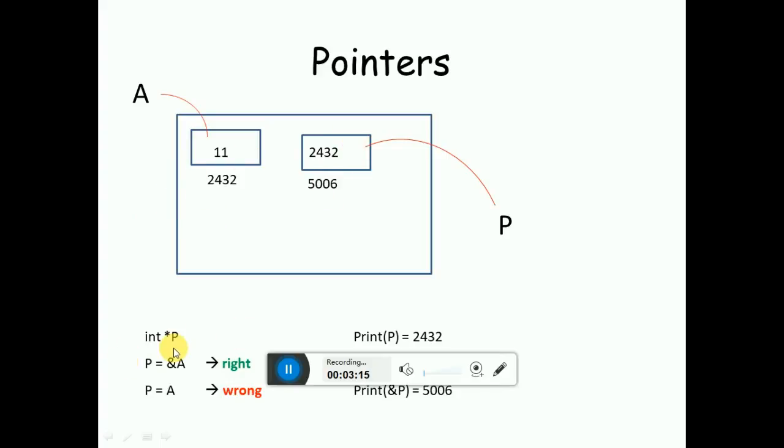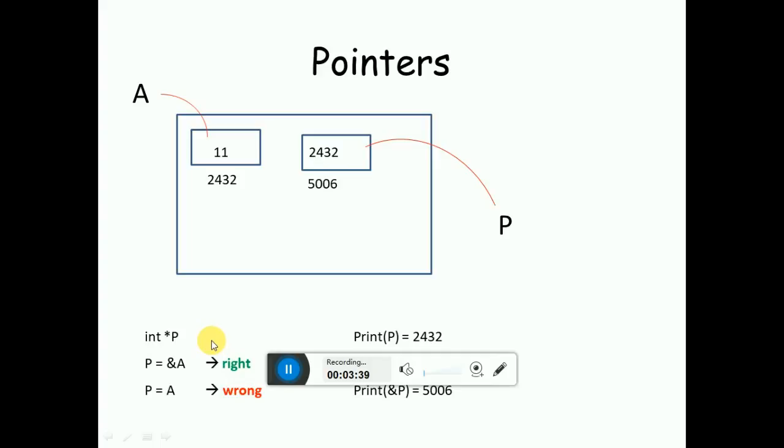So, how to declare a pointer? It's an integer pointer, that's why I have mentioned int *p. It is an integer pointer because the address it contains points to an integer.